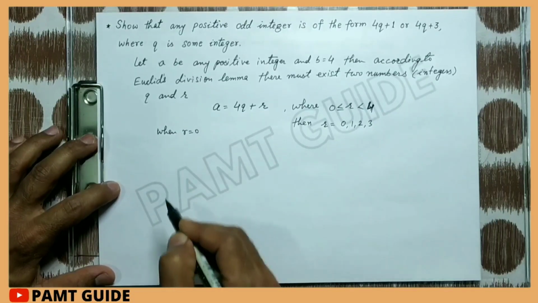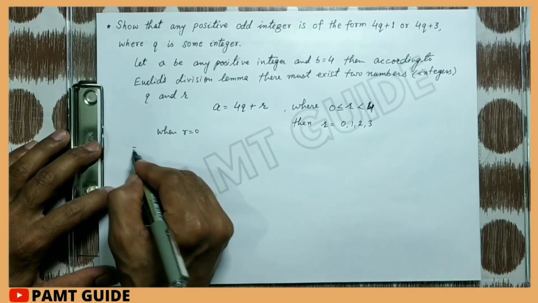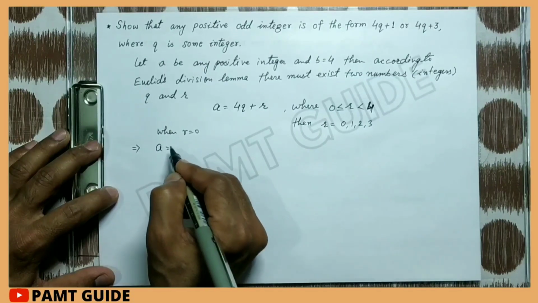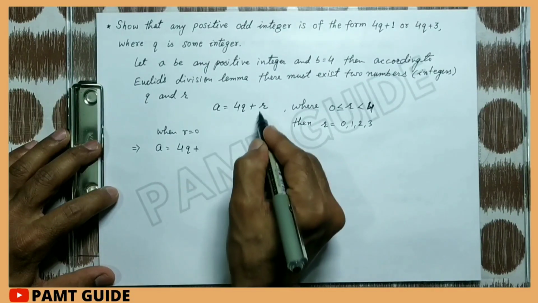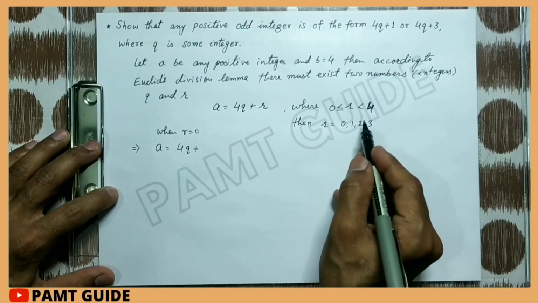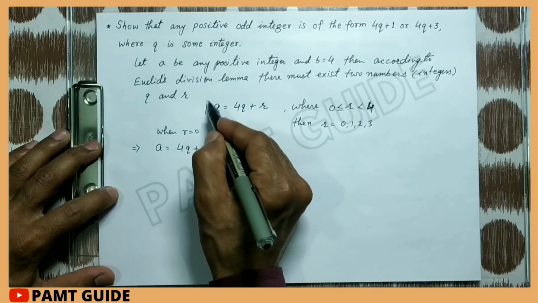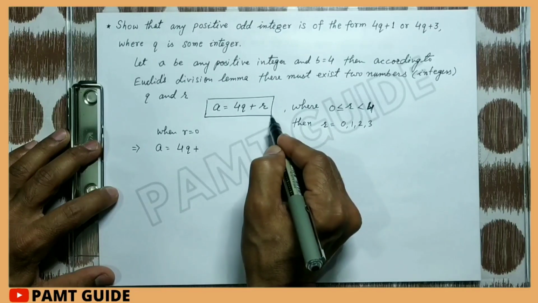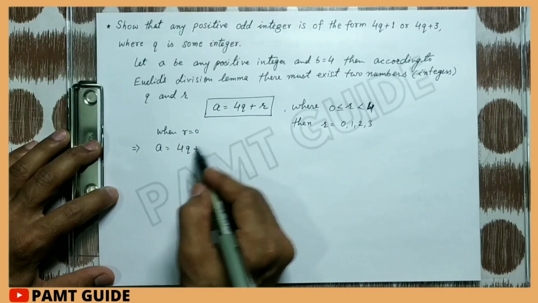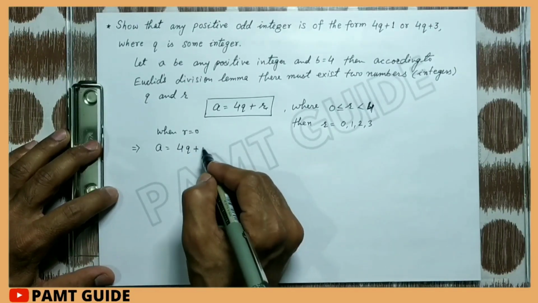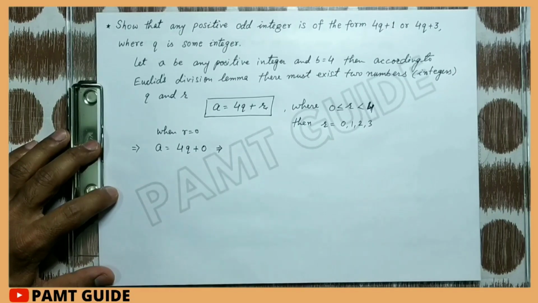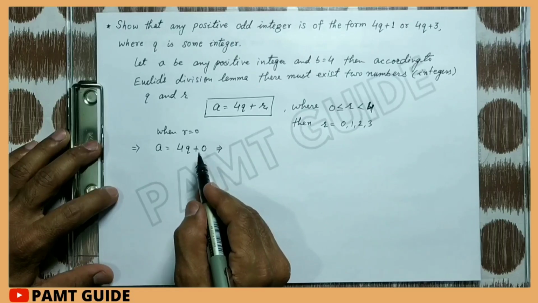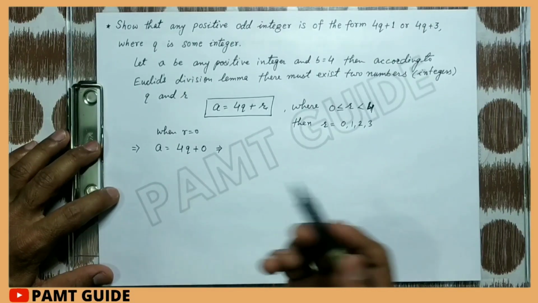When r equal to 0, then a equal to 4q, we put the value of r in this equation. a equal to 4q plus 0, and we remove the 0 because there is no benefit of adding 0 or subtracting 0.